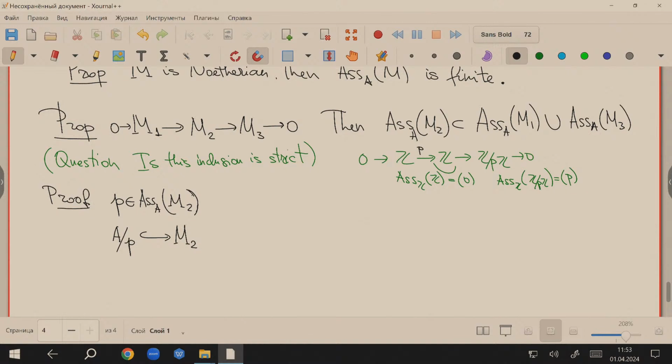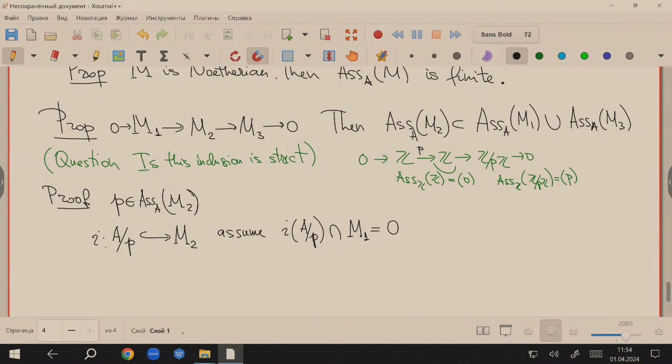So then you have the following, so assume that I of AP doesn't intersect with M1.